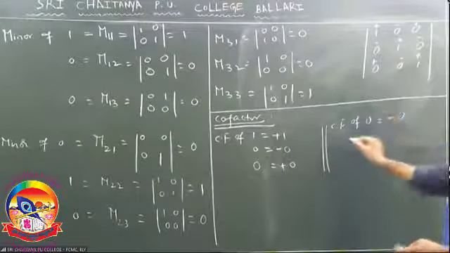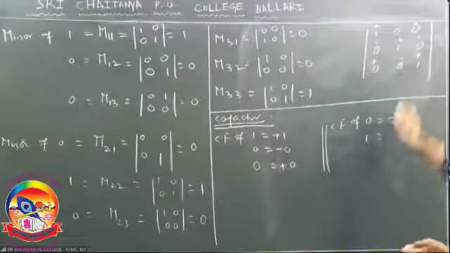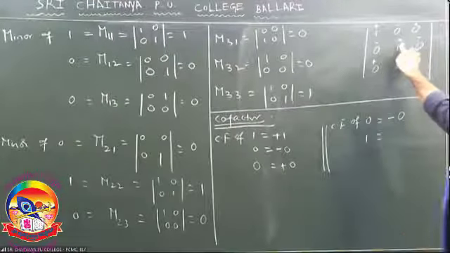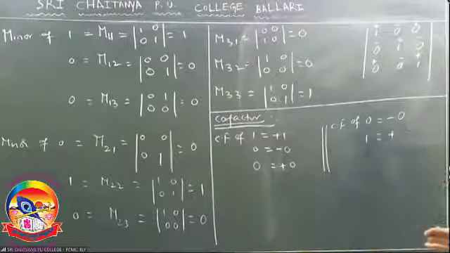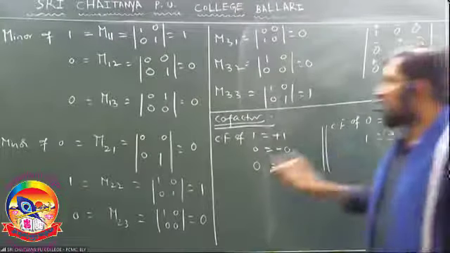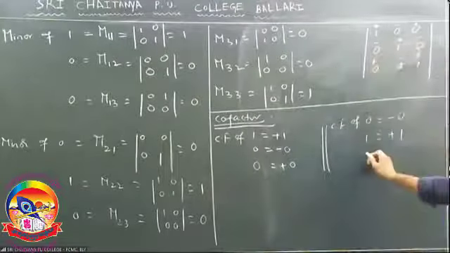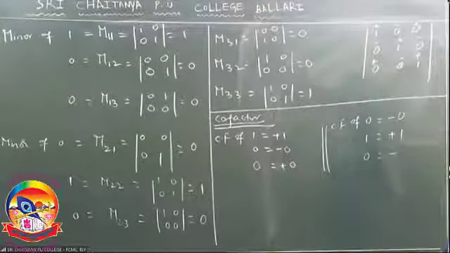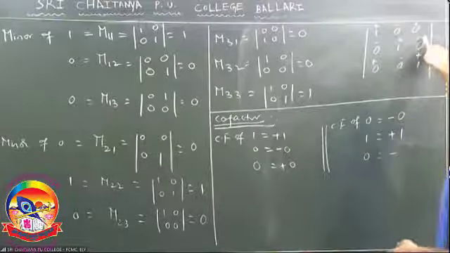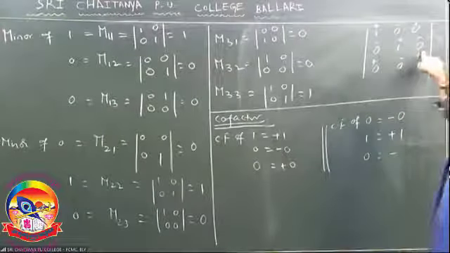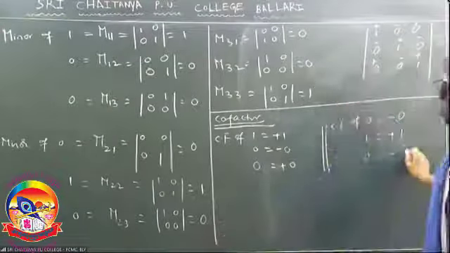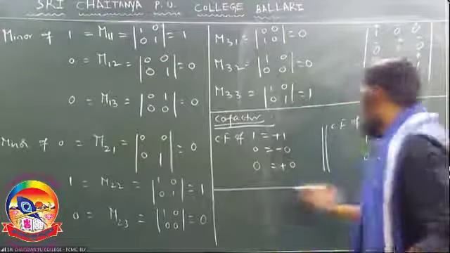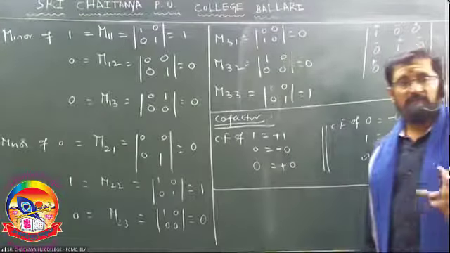Sorry, cofactor of this element 1 is equal to the sign above, which is positive, into minor of this one, which is 1, and cofactor of this 0 is equal to negative into minor, here it is negative, into minor of this element, which is 0. Okay, now up to here, 2 rows we have completed.